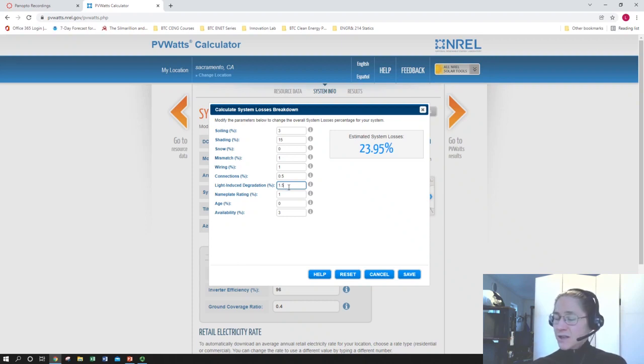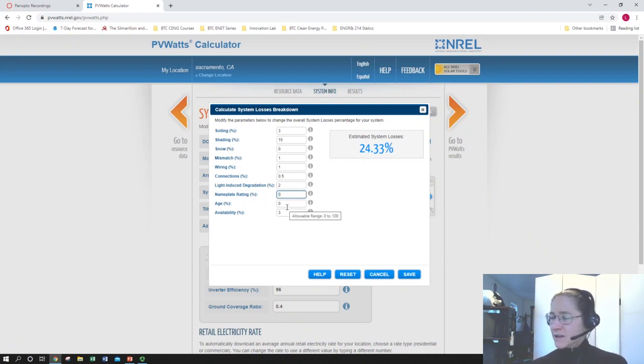Connectors are not perfect conductors. Light-induced degradation is the reduction in efficiency that comes with the system not being new. Systems will tend to overproduce versus their ratings at first, and then with time and exposure to light, they'll reach a steady state. We'll assume that's 2%. No change in nameplate rating.